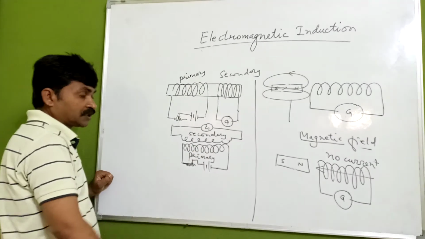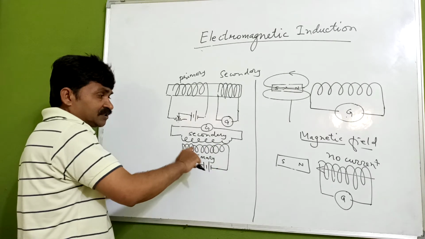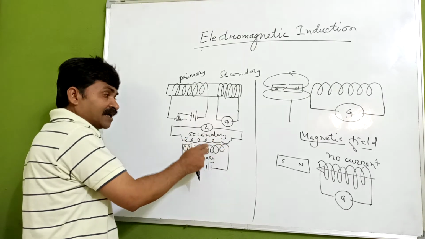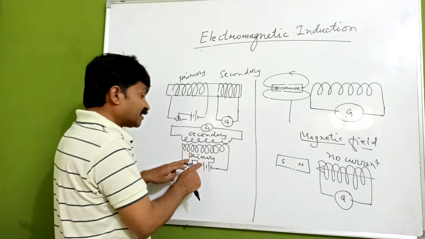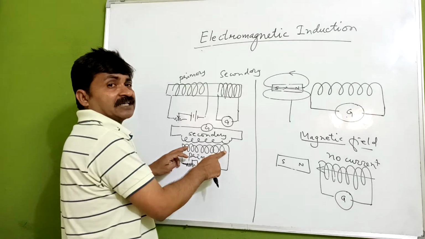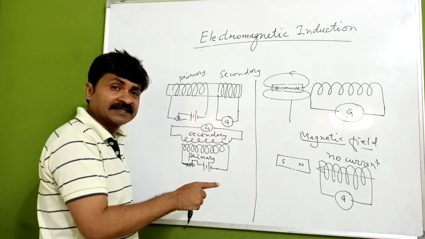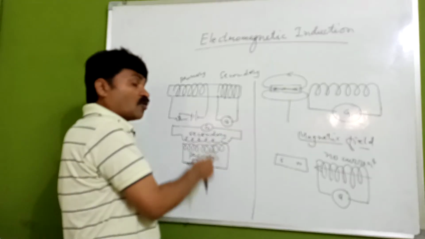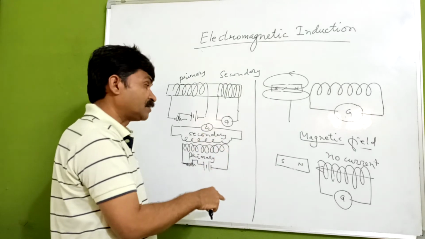Here, mutual induction: when the primary coil is given a current flowing through it, it causes a magnetic effect, means a magnetic field is there, and magnetic field means magnetic field lines. If there is a change in the current, there will be a change in the magnetic field lines, and when there is a change in the magnetic field lines, then there will be a flow of current because of an EMF induced in it, that is the mutual induced EMF.